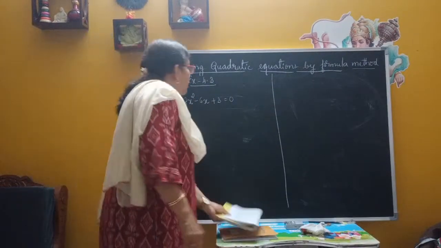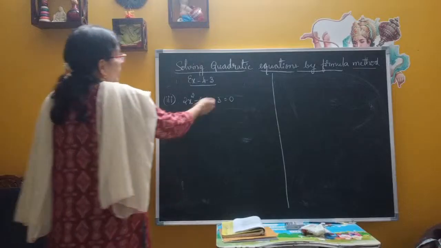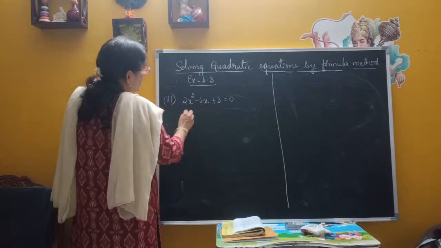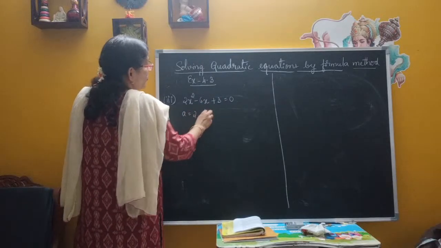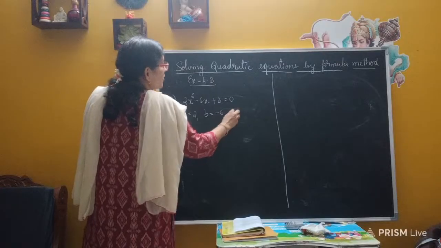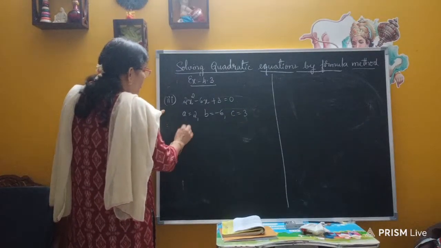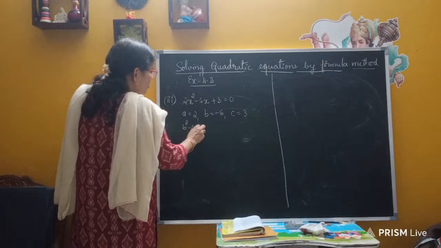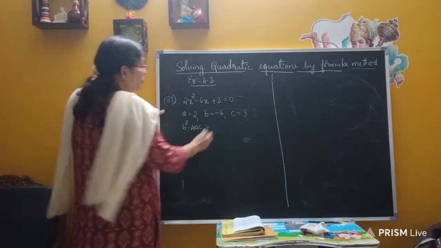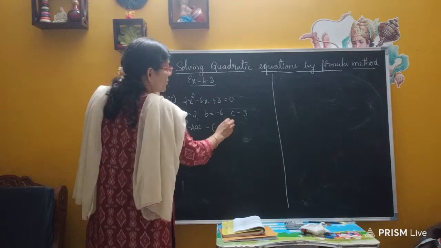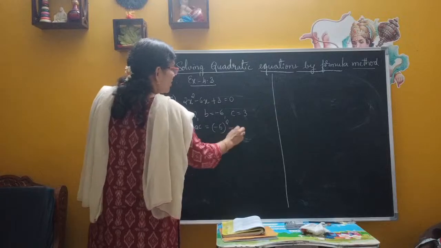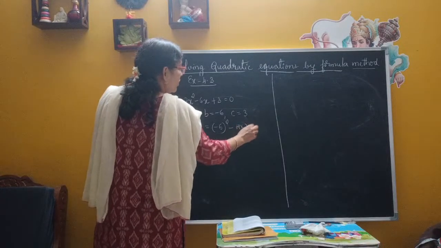Okay. So let us find the discriminant first. So a is equal to 2, b is equal to minus 6 and c is equal to 3. So discriminant is b square minus 4ac, that is minus 6 whole square minus 4 into 2 into 3.